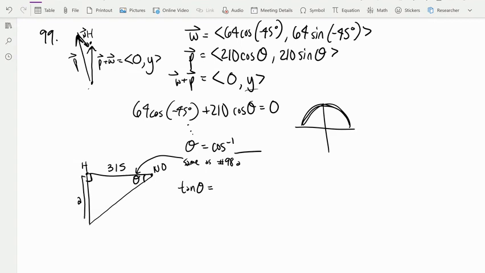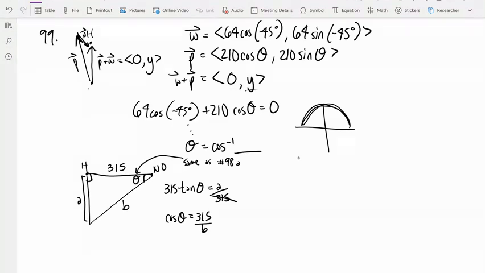So this side length a here, so tangent theta is equal to a over 315, and so then you get a is equal to 315 tangent theta, and that gives you the distance that you are from Houston at this point. And then to figure out the time that it takes you, we can do the same thing to find this side length. We'll call this side length b. So that would be cosine theta is equal to adjacent over hypotenuse.